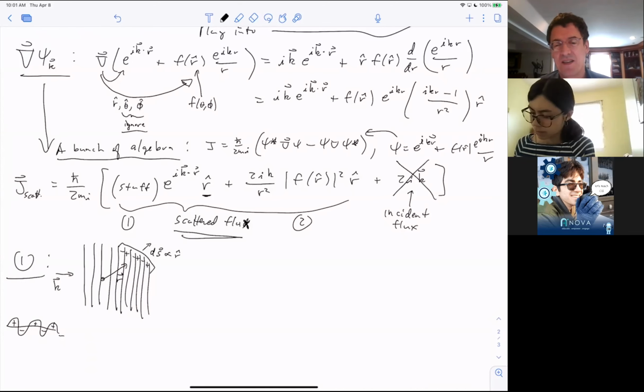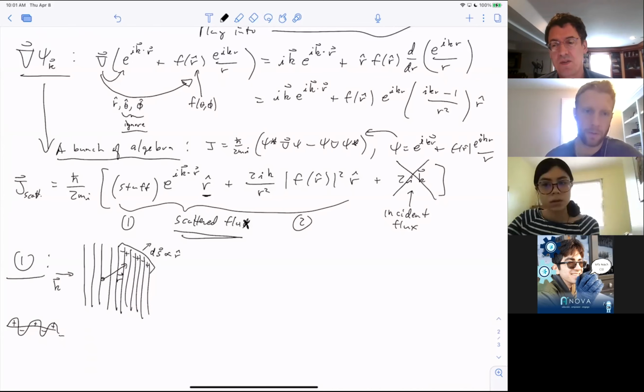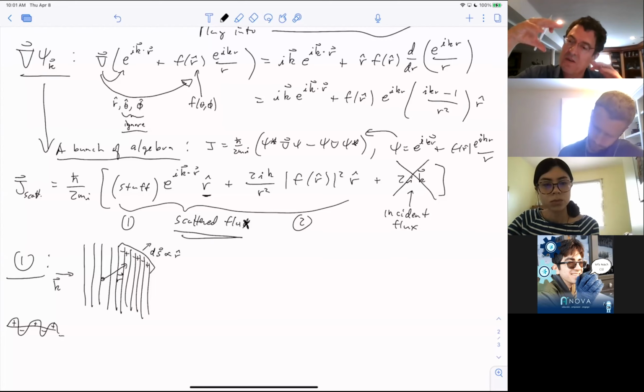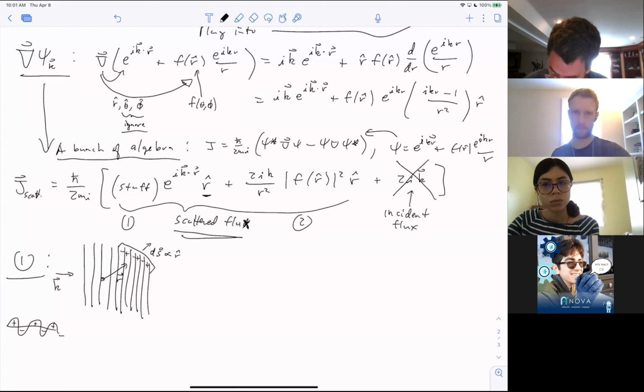Someone tell me. 0. Right, because it all cancels. So when we calculate the flux from that term that goes into our detector, it adds up to 0 because our detector is at this angle, as I just drew.